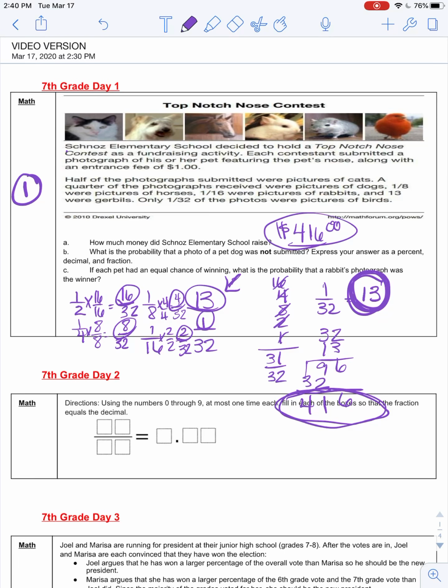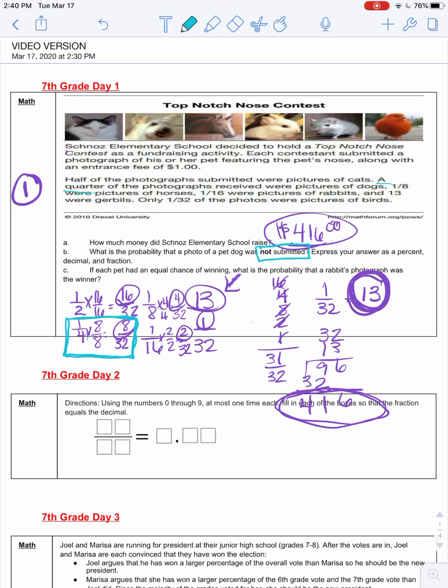Okay, so that was the first problem. Second problem, and I will switch to this pretty blue here, says what is the probability that a photo of a pet dog was not submitted? Not submitted. So we know that dogs made up a quarter, so 1/4 right here.